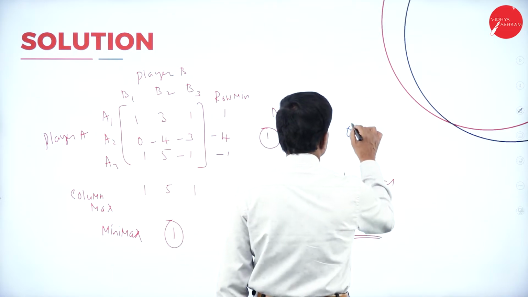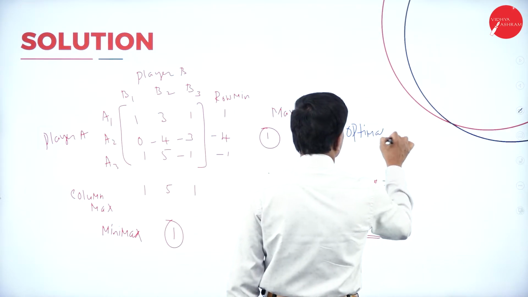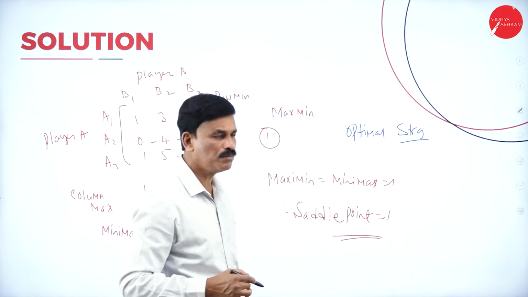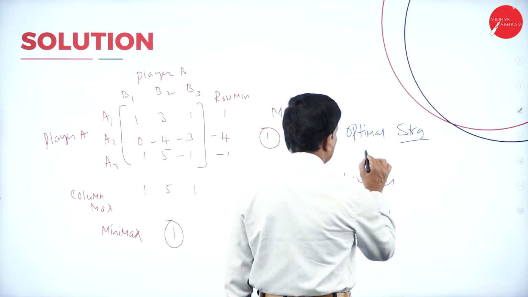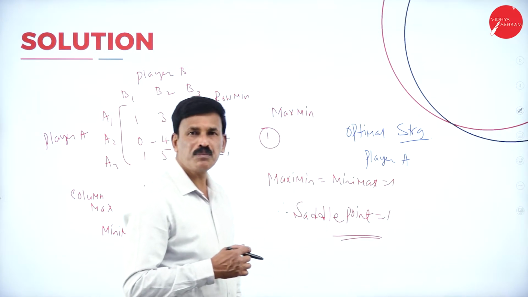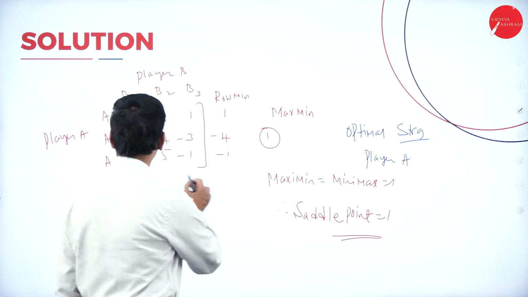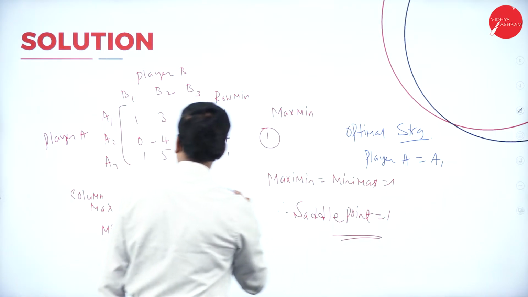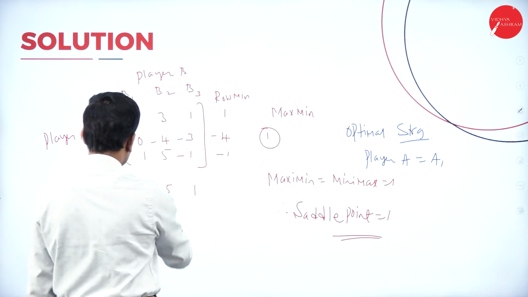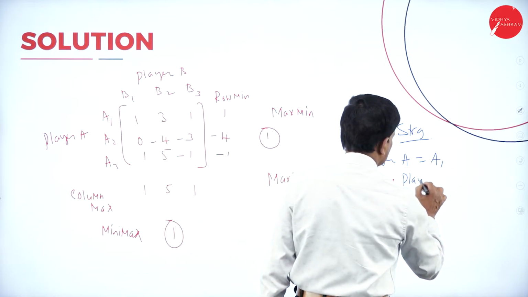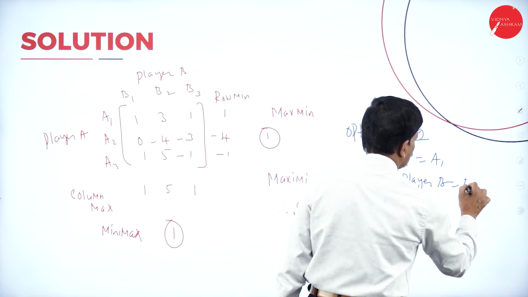Now the optimal strategy for player A and player B. The optimal strategy for player A is A1, and similarly the optimal strategy for player B is B1.